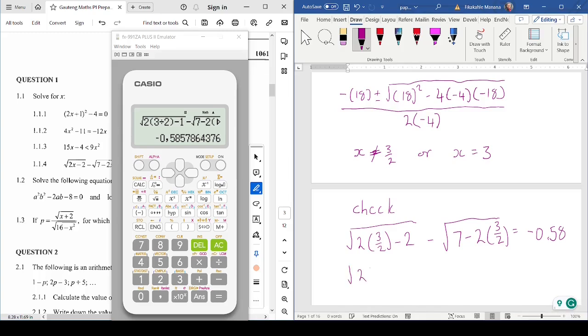Let's do this very same check with the 3 now. So we've got 2 times 3 minus 2, minus the square root of 7 minus 2 times 3. If this gives us a 1, then it is valid.